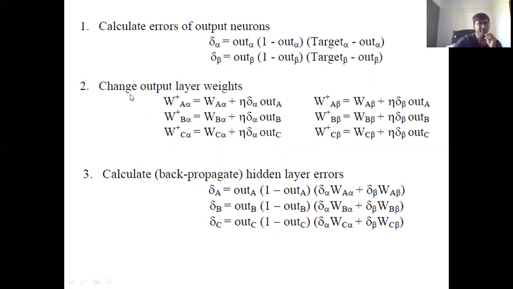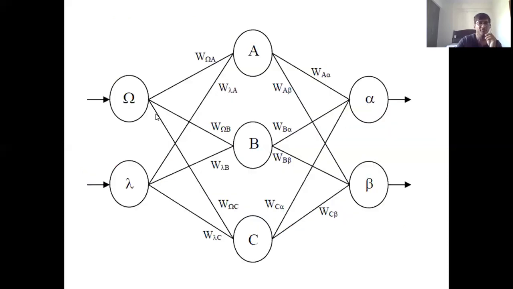Now, as we have discussed, we have to update the weights for each and every one. So we have to update this weight, this weight, all these weights. Let us see, for example, how we are going to update the weight WA alpha.